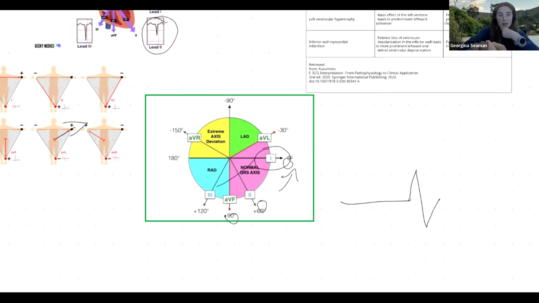So we'll see a negative deflection in lead 1, which is suspicious of right axis deviation. But if it's becoming more positive in lead 1 and more negative in lead 3, then we know the direction is now heading this way, and the electricity is heading up towards 1 and AVL.